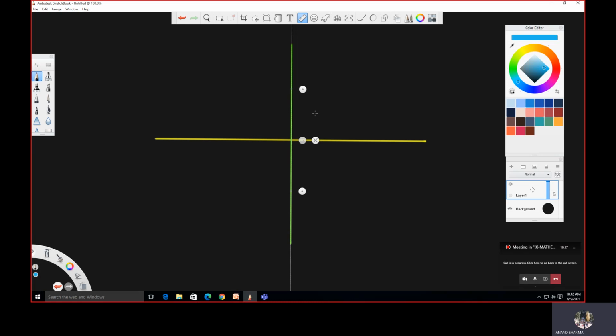I'll mark an arrowhead with blue. This arrowhead, you need to do it. I want all of you to look at the screen very carefully so that you will not make mistakes. X, x dash, y, y dash. This is your x-axis and this is your y-axis.